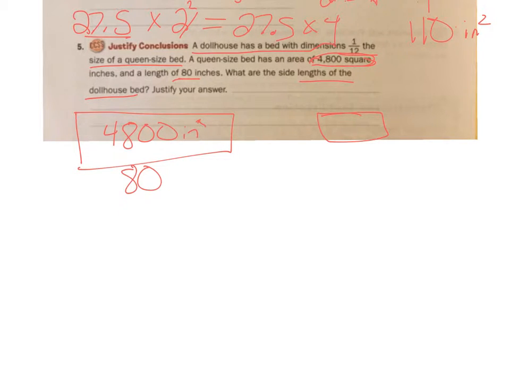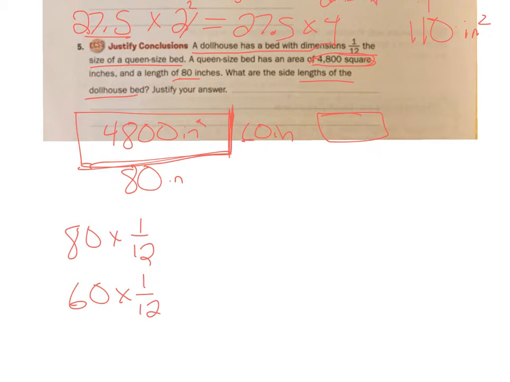Okay. Now, what I need to do is I can figure out what this side is right here, because it's 80 times what gets me to 4,800, and it is 60. Okay, so this is 60 inches. Now, it tells me that the dimensions are 1/12 of the size. So it's 80 times 1/12 and 60 times 1/12.